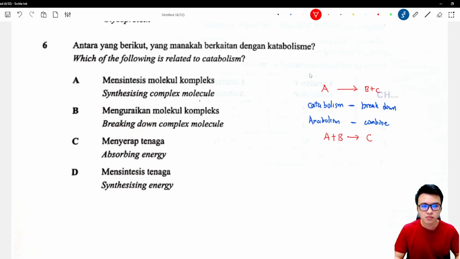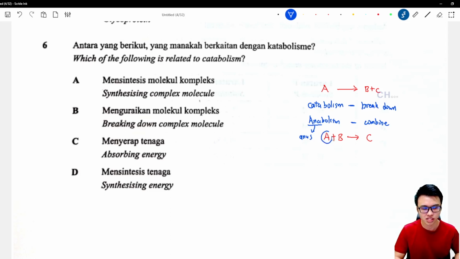So how could you memorize this? I have a very dirty joke for you guys. Normally, how I memorize is I use this one, ANA. ANA looks like anus, right? So what does the anus do? The anus normally excretes the waste product, correct? Now look at this equation.